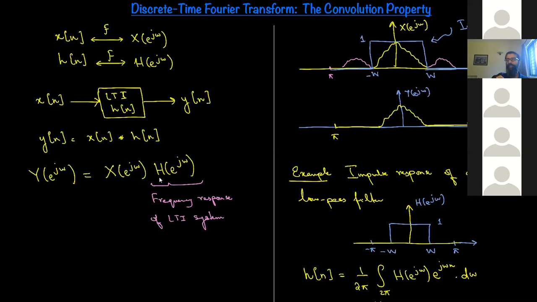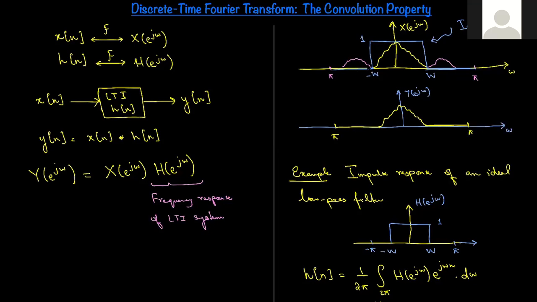So the way you're going to design H of e raised to j omega is to have it look like this ideal square pulse, which is equal to 1 from minus W to plus W and is 0 at all other places.